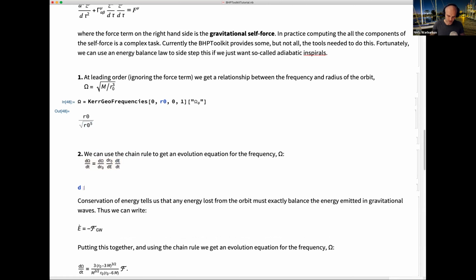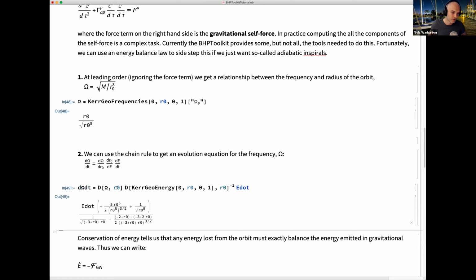Again we can compute that from what we have in the toolkit: d omega dr0 times the KerrGeoEnergy of 0, r0, 1, minus 1, times E dot. So that's the equation for the evolution of the orbital frequency.